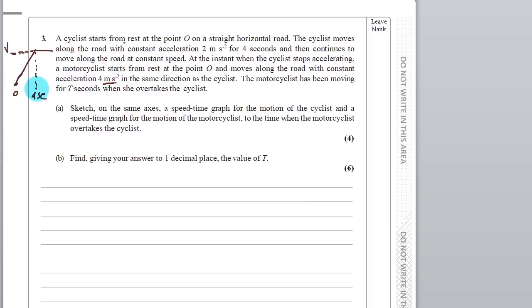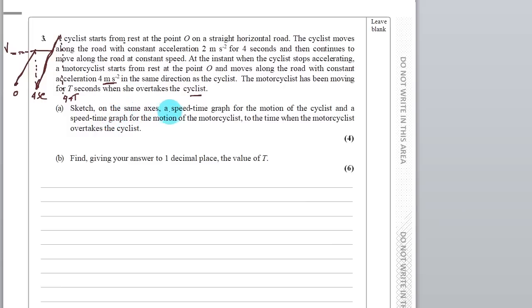So the motorcycle starts here with constant acceleration 4 meters per second squared, in the same direction as the cyclist. The motorcycle has moved for t seconds when it overtakes the cyclist, so we go up here. This one is 4 plus t.